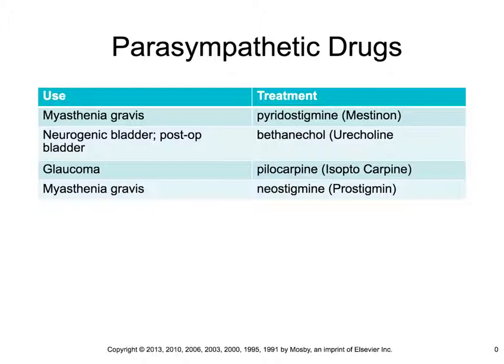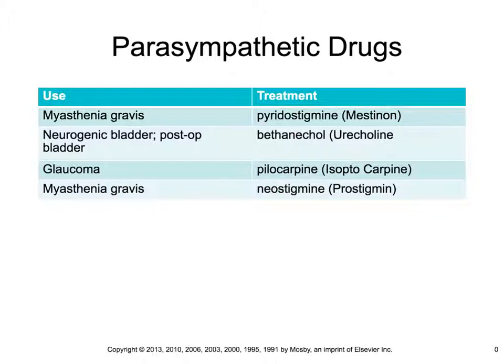And then a medication that will be used for myasthenia gravis is a cholinesterase inhibitor. These are drugs that prevent the degradation of acetylcholine by acetylcholinesterase. So the medication neostigmine is a reversible cholinesterase inhibitor.